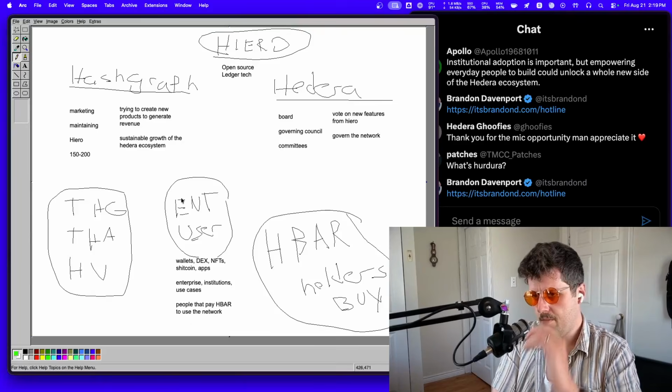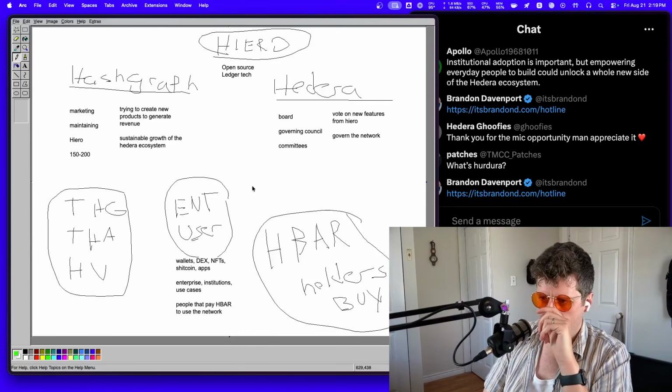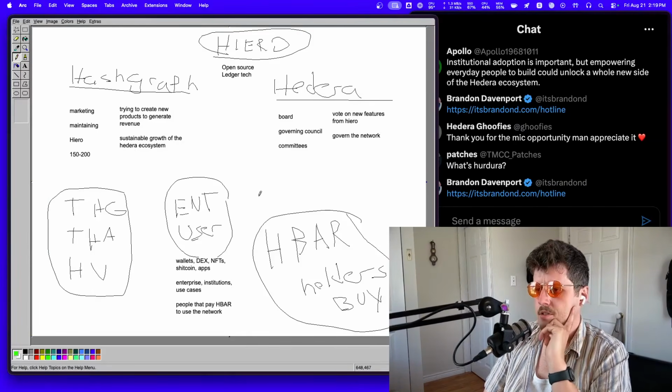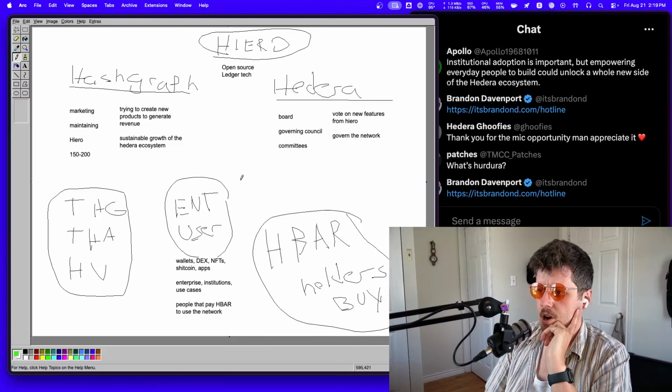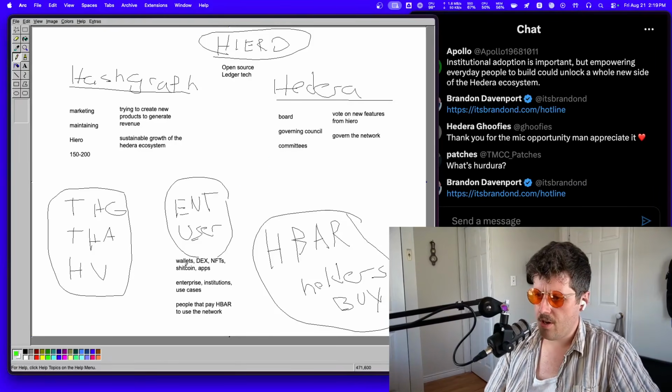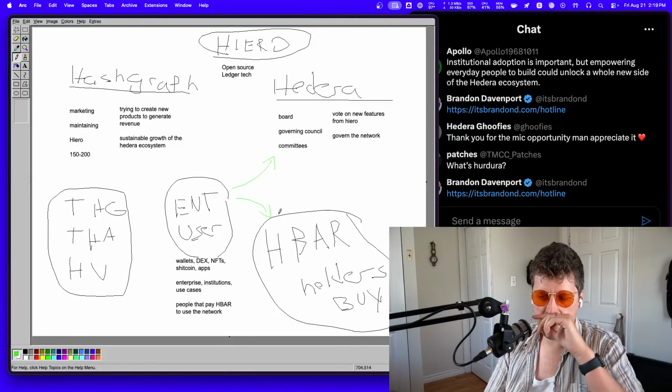So when we look at this, what we've got is a few things. On the earnings side, end users, these folks are going to be buying HBAR, right? And they're going to be paying HBAR. They're going to be feeding into the ecosystem, right?